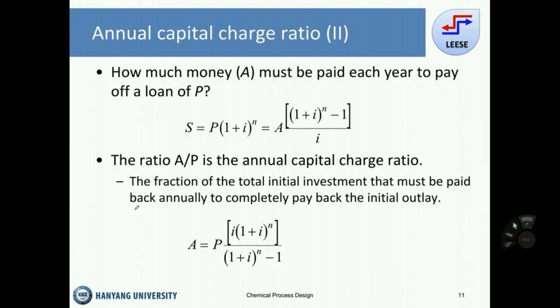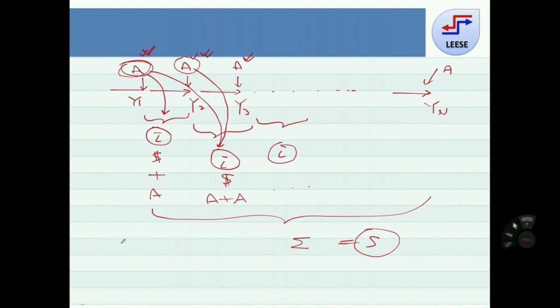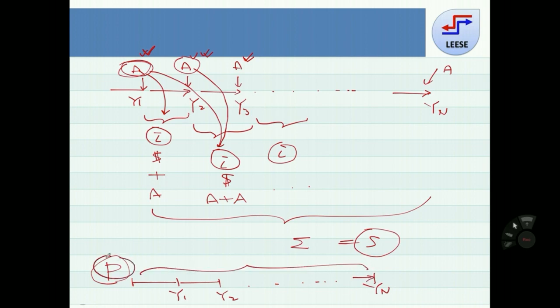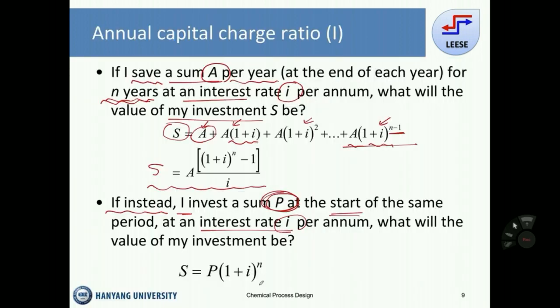So in the beginning, I have the P, big money, until n years. I'm just keeping that money in the bank, okay? Then I will have the interest based on this one.